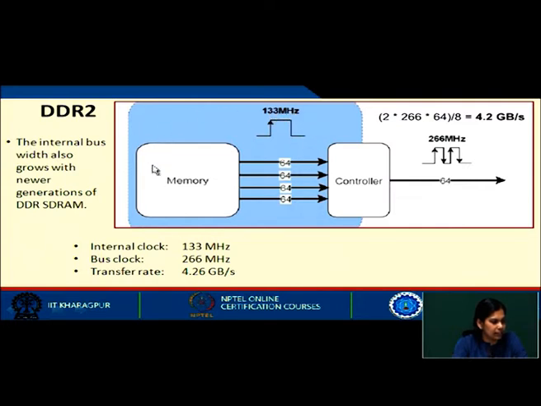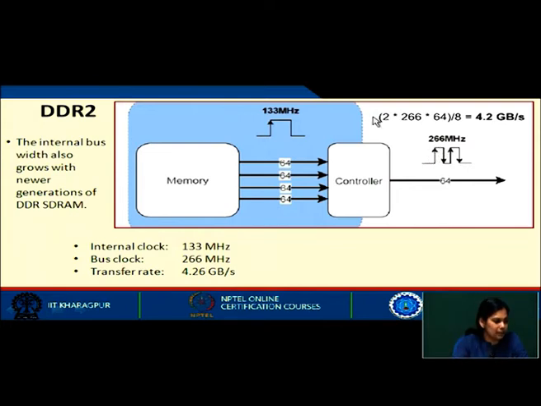This is the internal clock of the memory. It has got a controller, and in double data rate RAM the bus clock must be twice this. So, if the bus clock has to be twice this, it should be 266. The data transfer takes place both in the rising edge as well as in the falling edge.